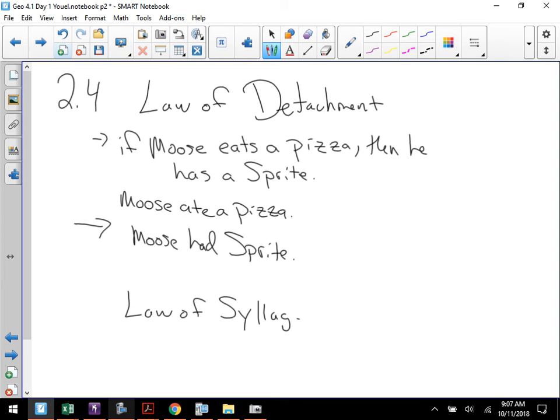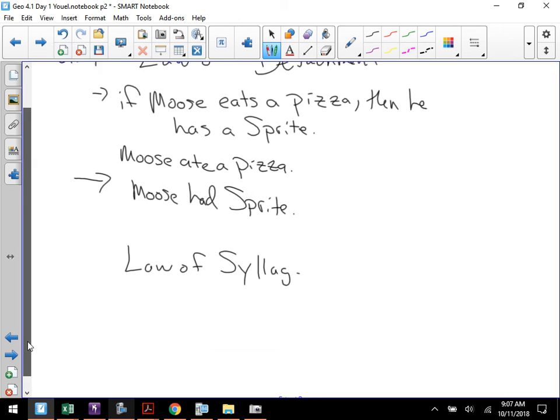Okay. Law of detachment, if you remember when you read those, it just sounded choppy. Whereas the law of syllogism, or the transitive property, is kind of the same thing.